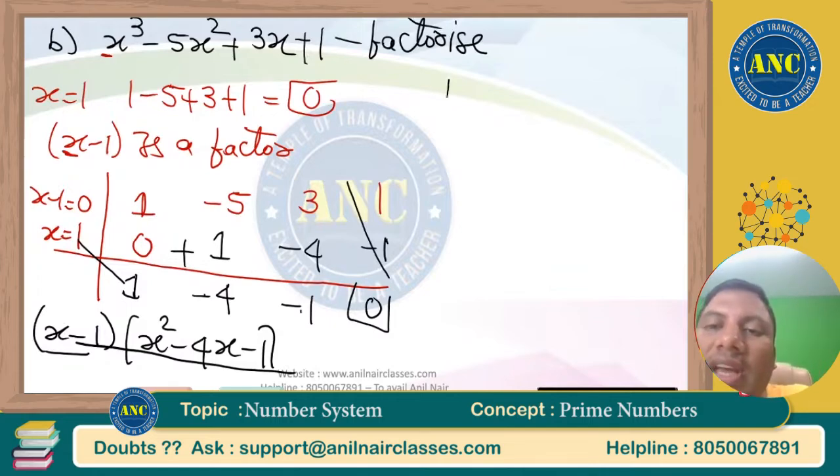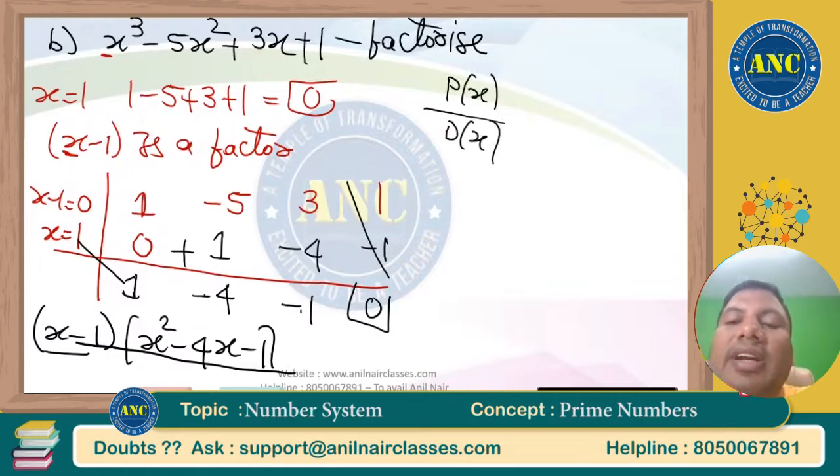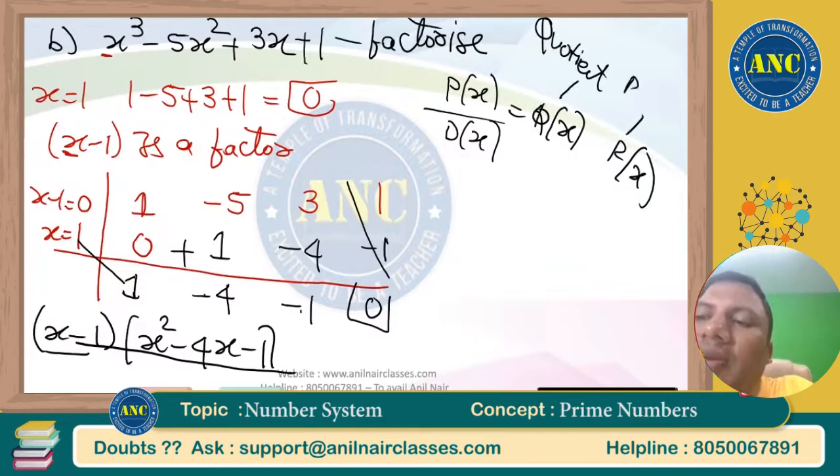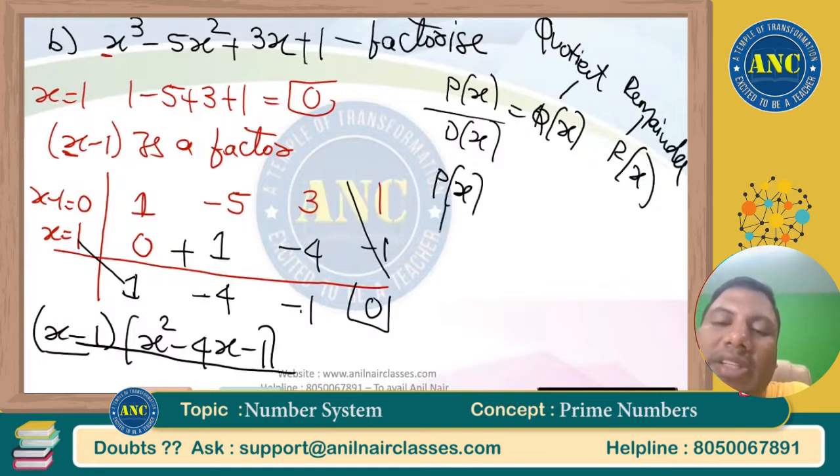If a polynomial function P of x is divided by a divisor D of x, you will get Q of x, which is the quotient, and R of x, which is the remainder. Dividend is the number which is getting divided.